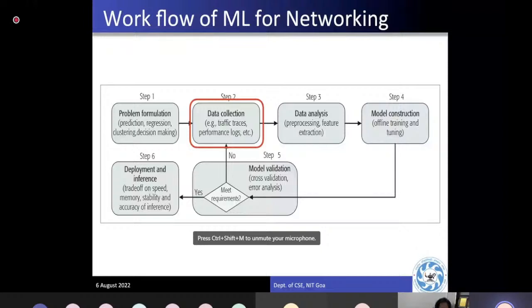As I said, for the whole problem we need to define which type of problem it is: prediction, regression, clustering, or decision making. You need to define your problem formulation. Problem formulation is the first challenge for a researcher: to define the whole network architecture and how its parts are connected. That is called the system model. After that, the idea has to be clear about what you are going to do.